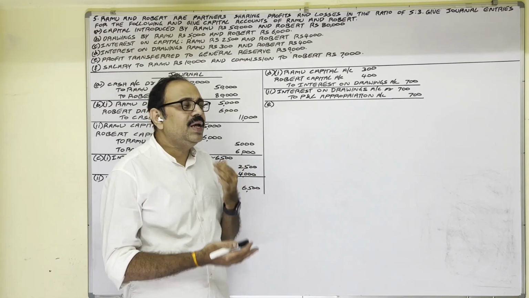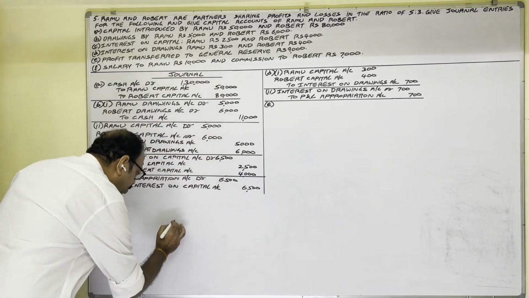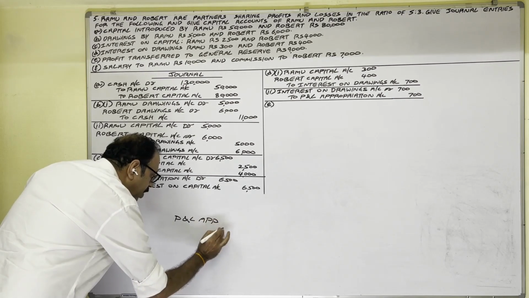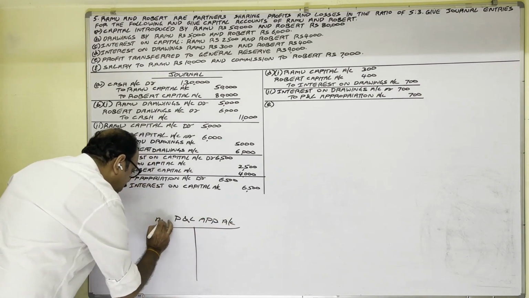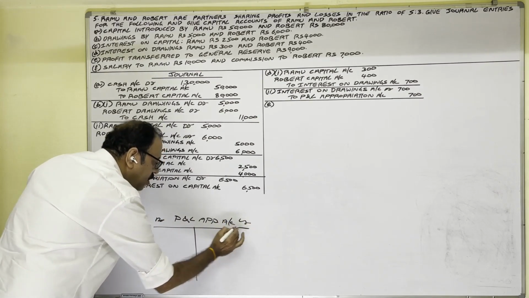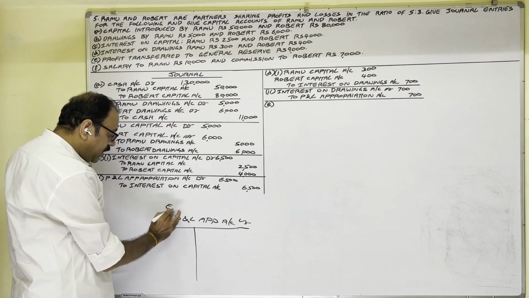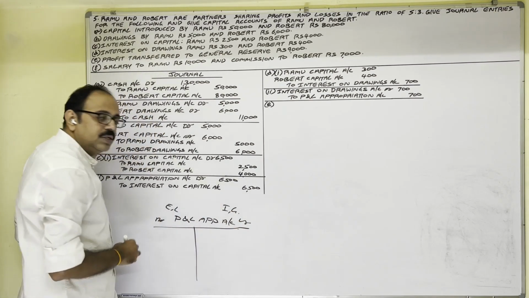First of all, recollect profit and loss appropriation account. In previous problems I explained, profit and loss appropriation account is a nominal account now. Debit side, credit side, nominal account rule we follow. Debit all expenses and losses, credit all incomes and gains.